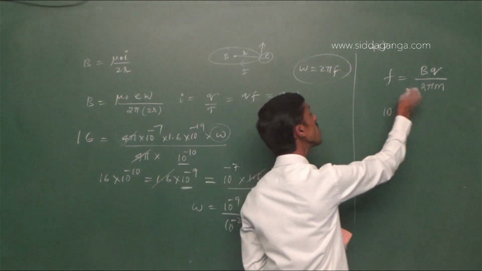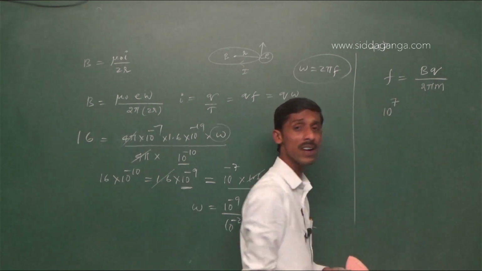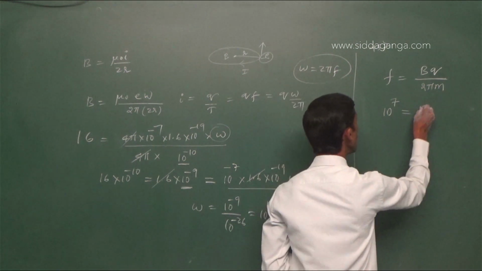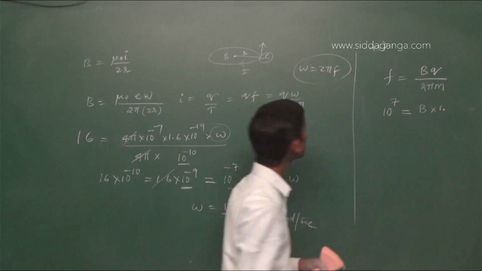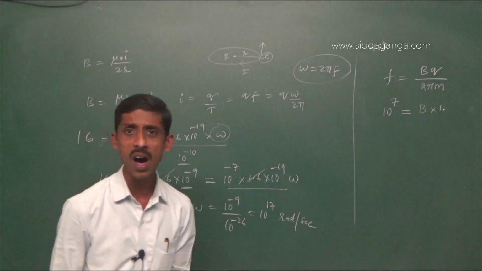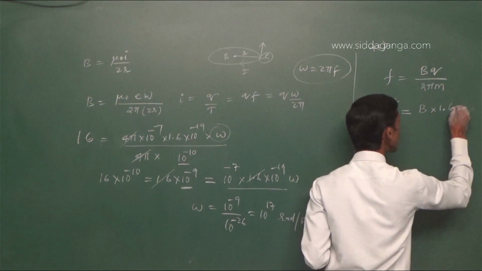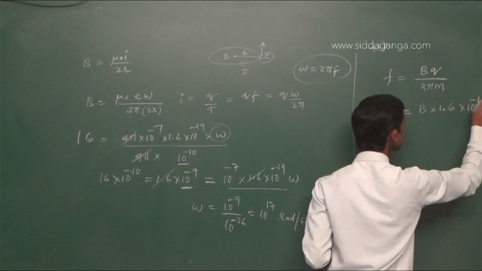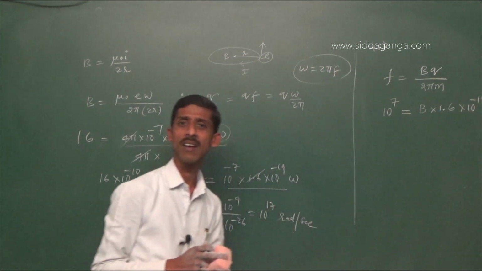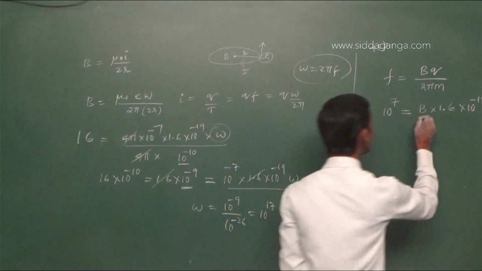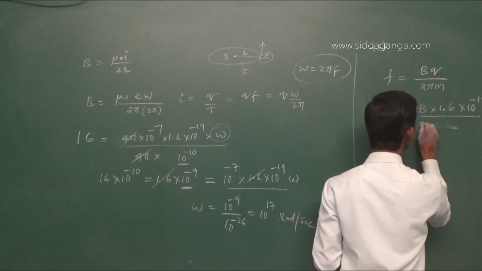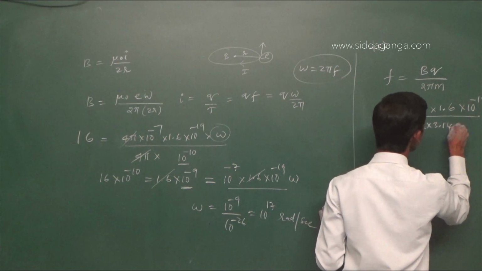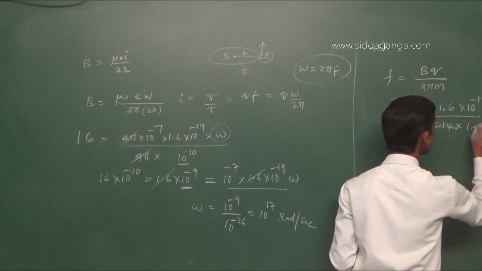10 into 10 to the power of 6, that is 10 to the power of 7, is equal to... what should be the field that you have to calculate? What is the particle you are accelerating there? Proton. So 1.6 into 10 to the power of minus 19 divided by 2 pi into, so 2 into 3.14 into the mass of the charged particle.